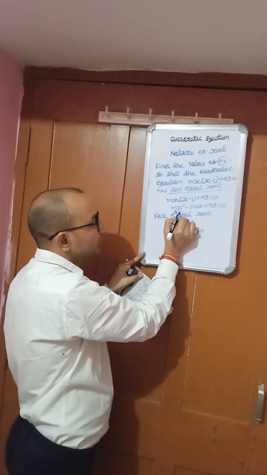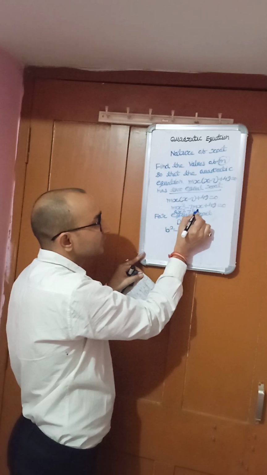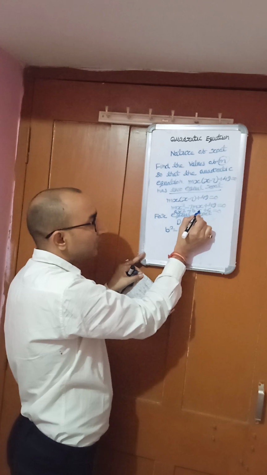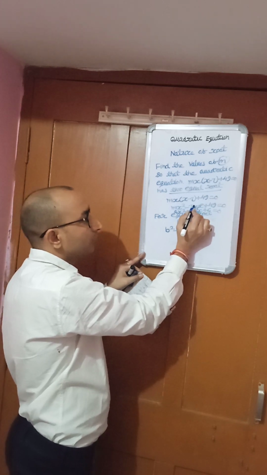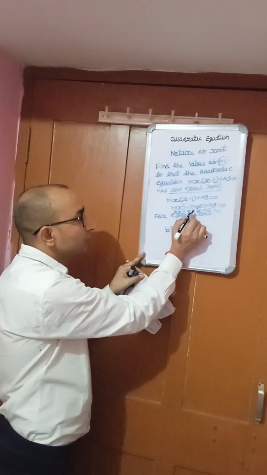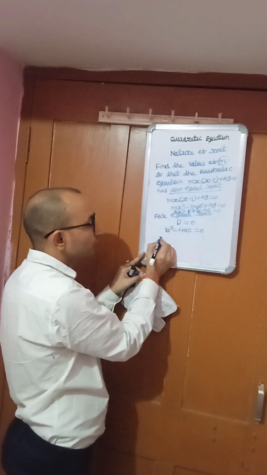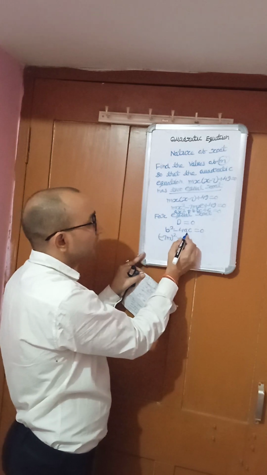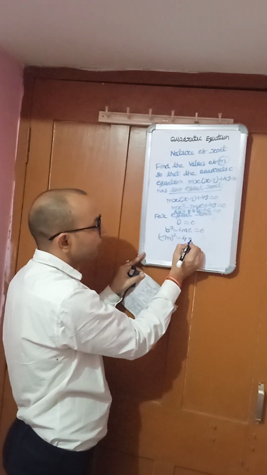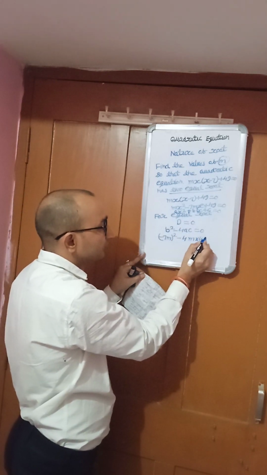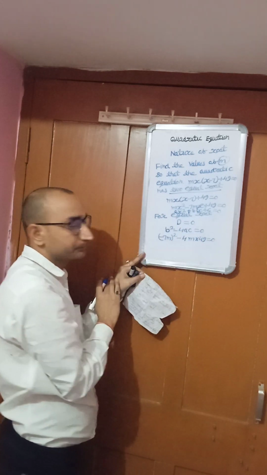If we compare with ax square plus bx plus c equals 0, then the value of b is here minus 7m. So put b is minus 7m, square, minus 4, the value of a is m, and the value of c is 49, equals 0.